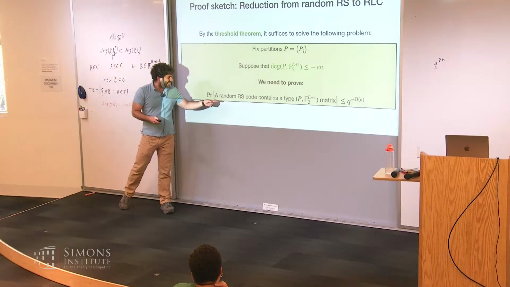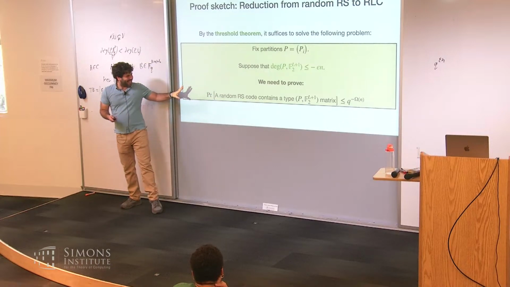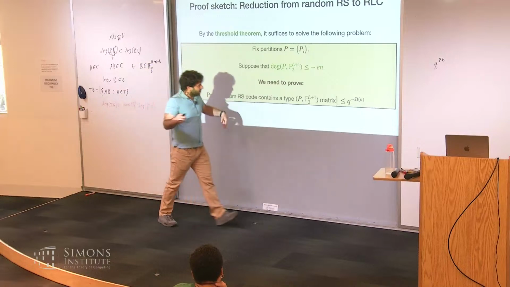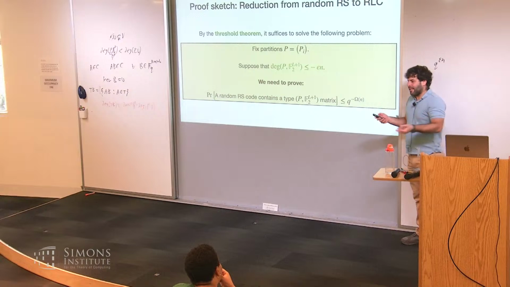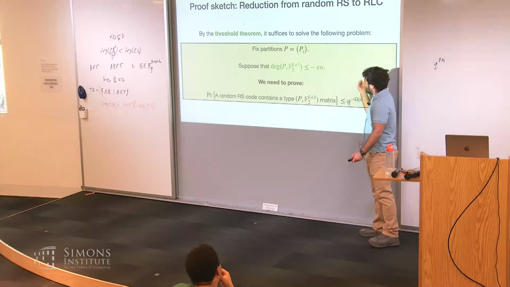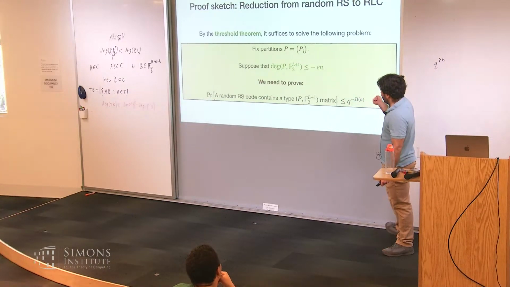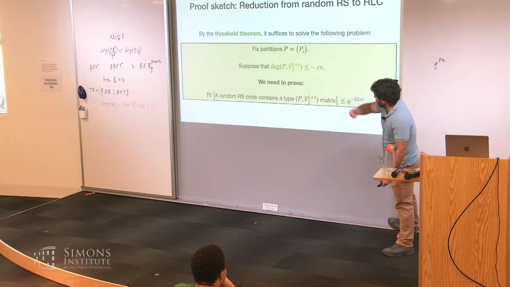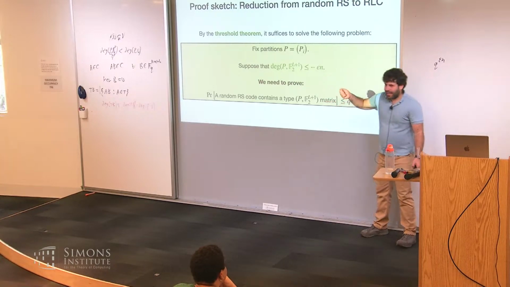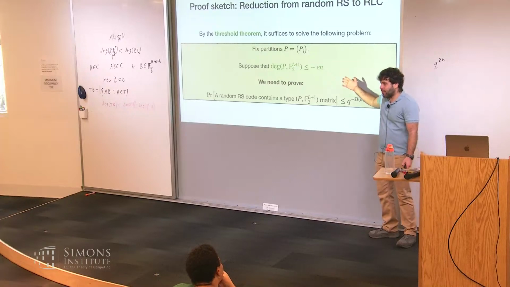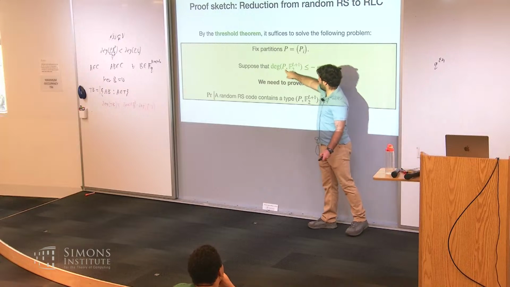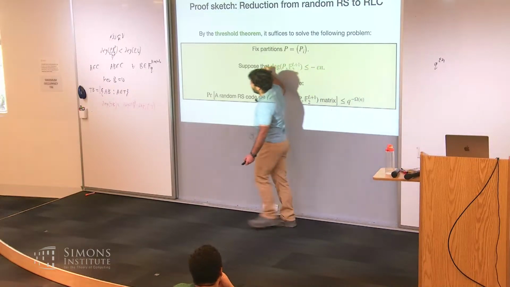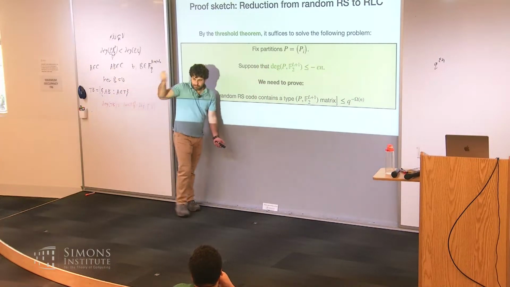So I want to show that, given the characterization for random linear codes, if I know that some type is unlikely to appear in a random linear code, then either the degree of the type is small, or I can mod out by some matrix B and then get something with small degree.